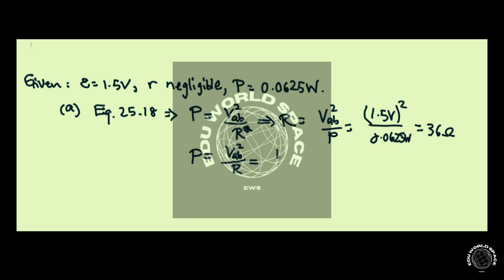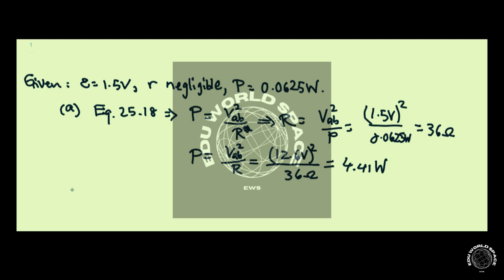So let's put that in. 12.6 squared over 36 ohms, and this gives us 4.41 watts of power that's now dissipated.